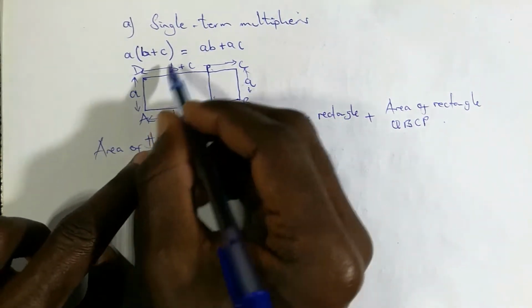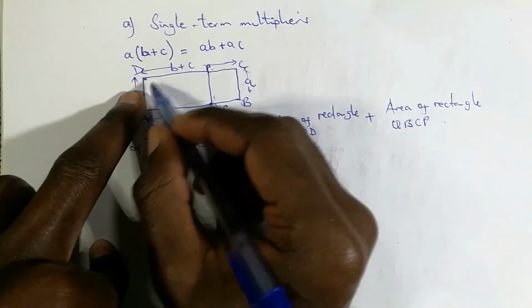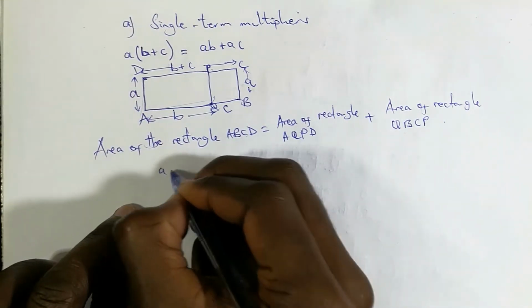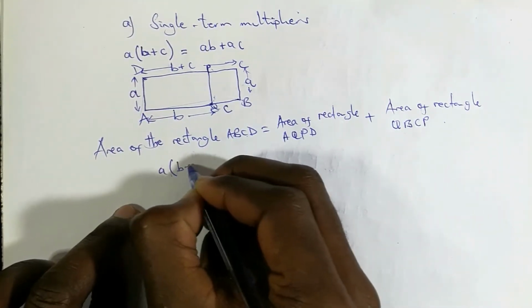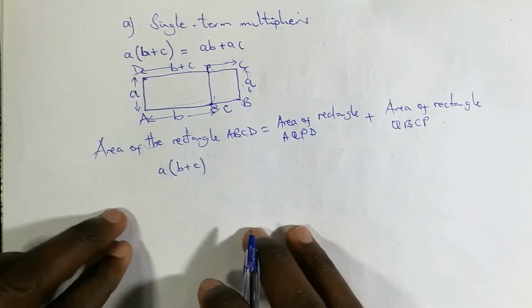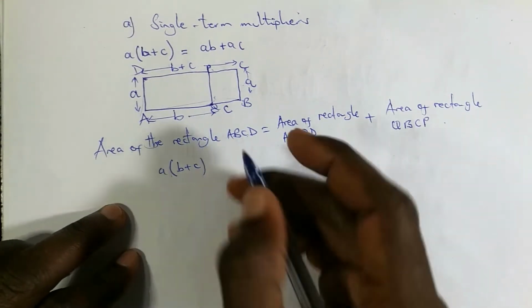So we are going to have length times width as A times B plus C. So we are multiplying A with that bracket which has B plus C inside.